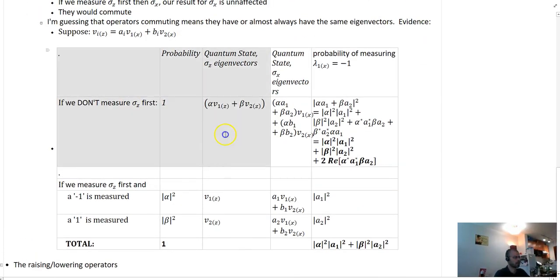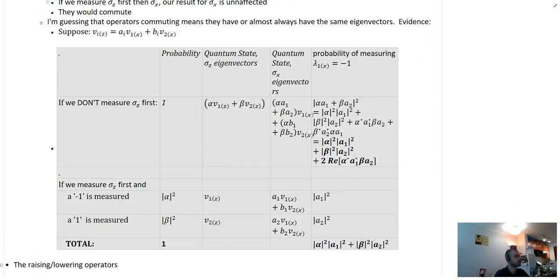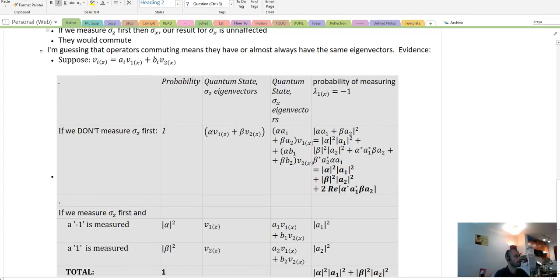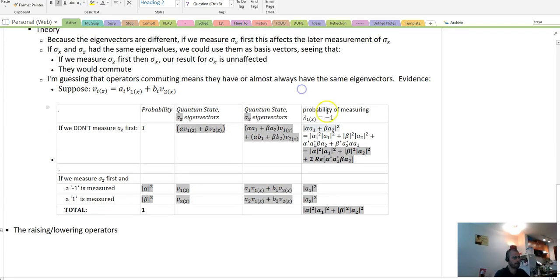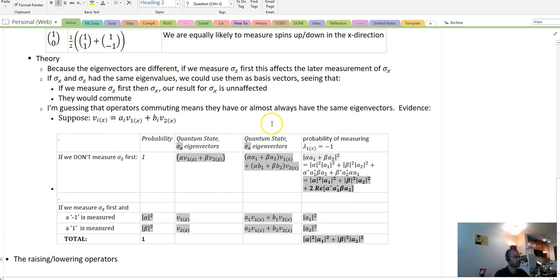I think I might need to make this table a bit smaller. All right, so this is our initial eigenstate.